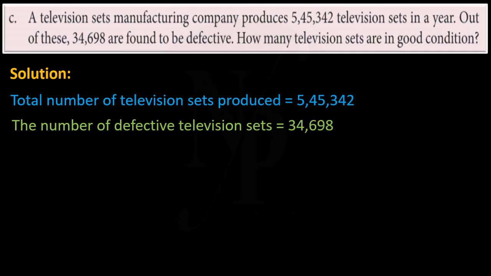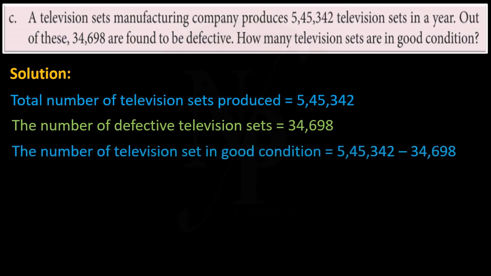To find the total number of televisions which are in good condition, we have to subtract the number of defective televisions from the total number of televisions produced. So what we should do now? So the number of television sets in good condition is equal to 5,45,342 minus 34,698.